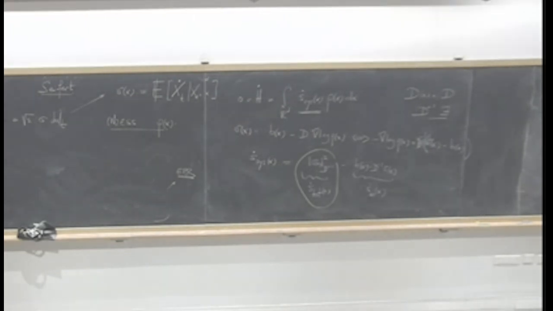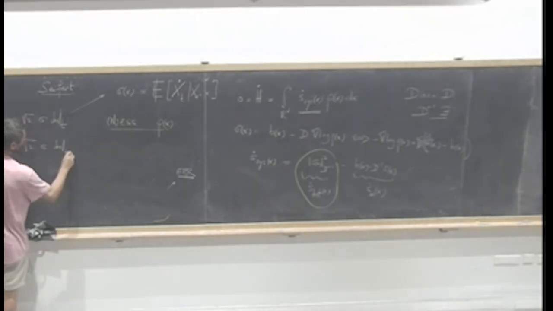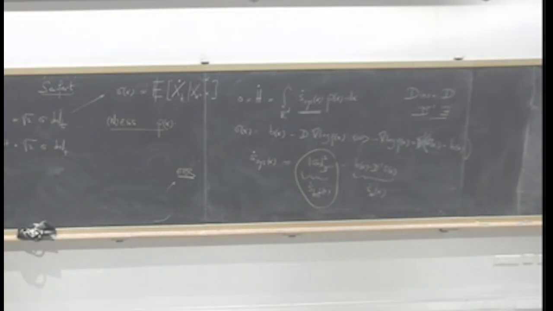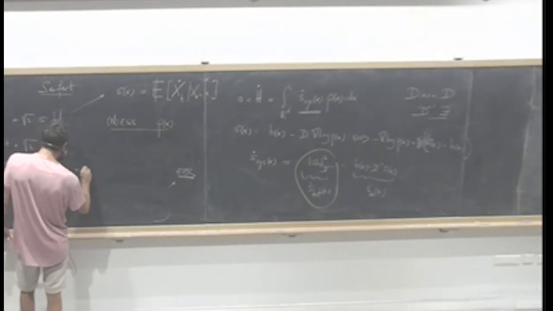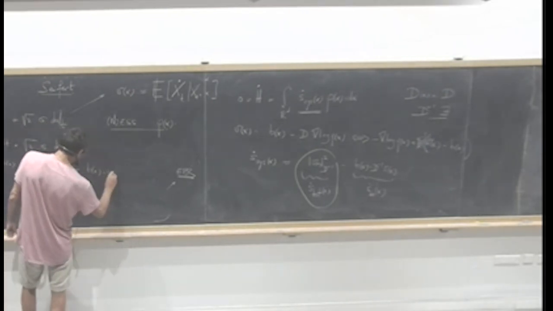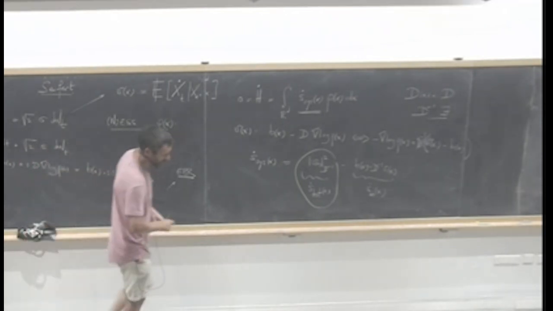In this case, the BR is also independent of time. This is the SDE, and this is the time reverse SDE. And the BR here, just to recall, is minus b of x plus twice d times the gradient of log rho x. And I think that this means that it is b of x minus 2vx. Let me double check that.